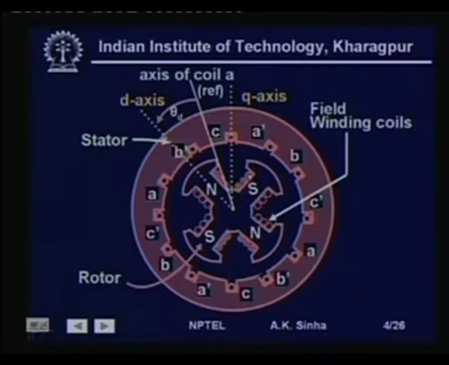So, this is about the physical aspect of this salient pole synchronous machine. Now, for this machine, we will write the flux linkage equations and develop the circuit model.